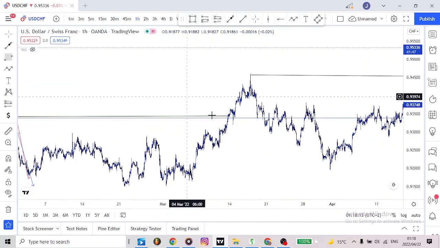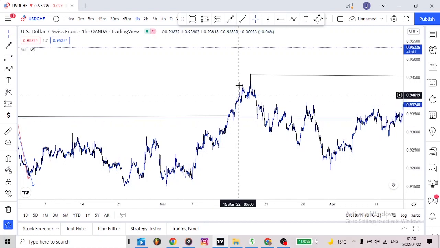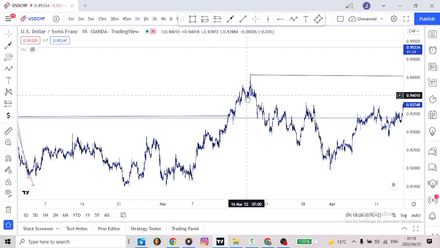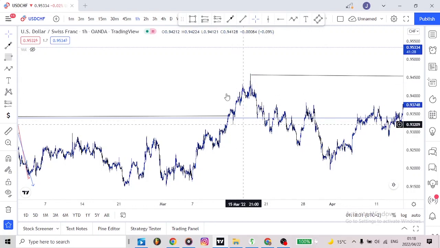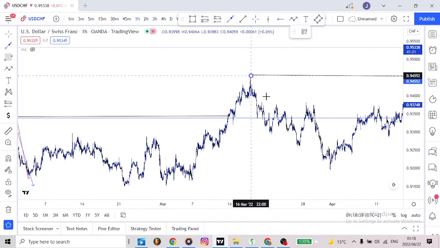Also here, we did break structure, and then went a little bit down, and then pushed up, and then we took out this zone here. We had these shallow pullbacks, but we still need the major pullback, the deep pullback into the range, and then continue with our structure.